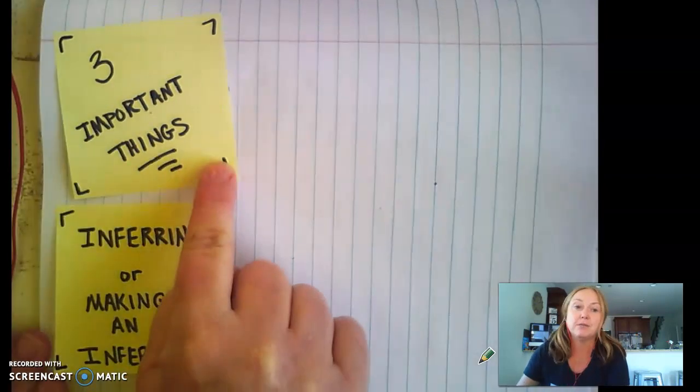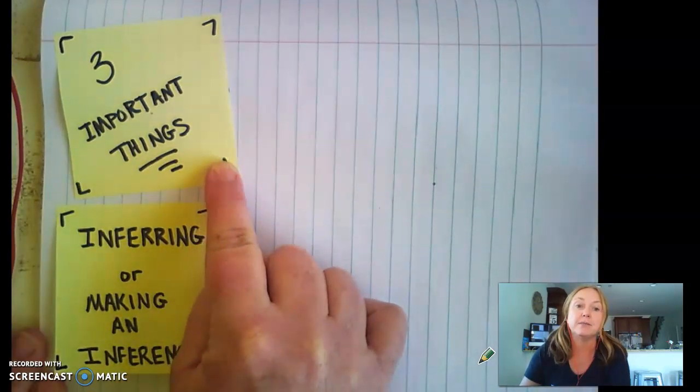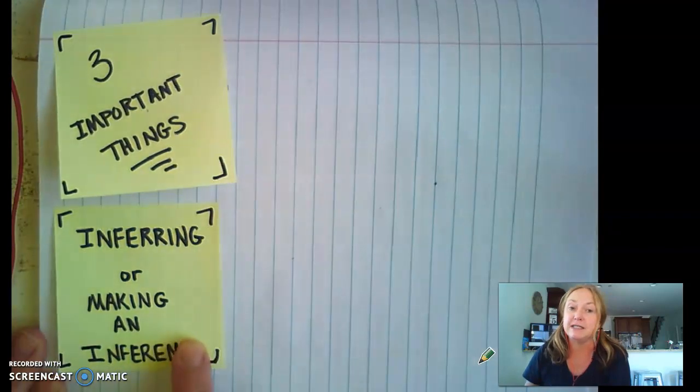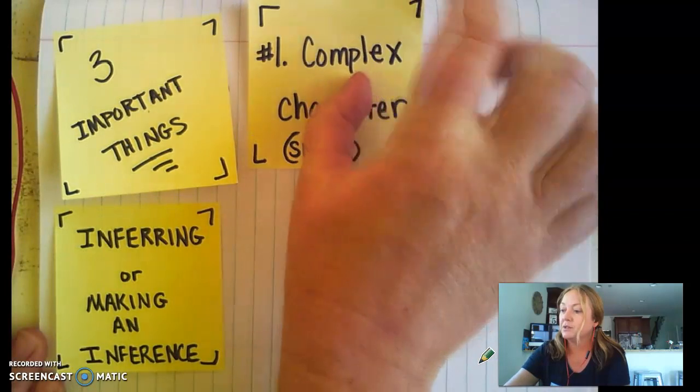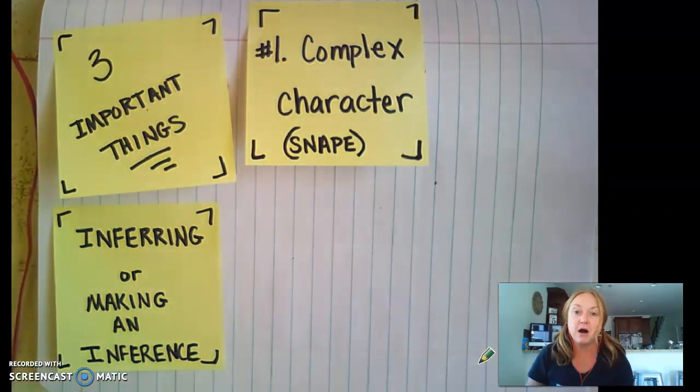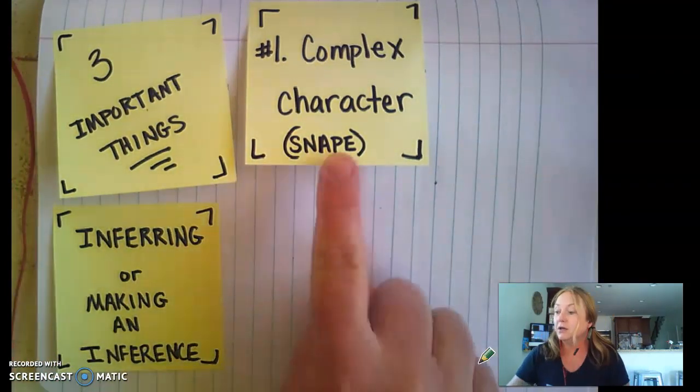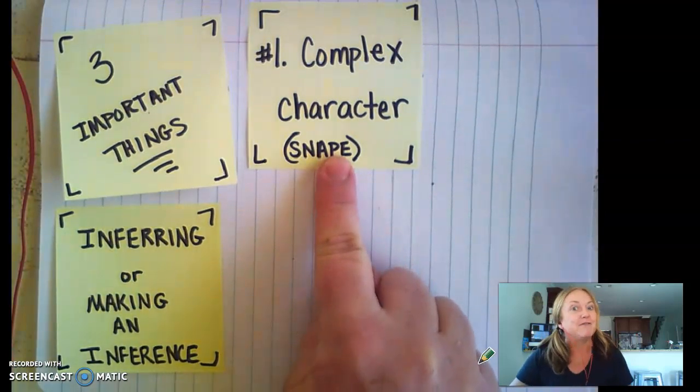Now, we did three important things when we watched that clip and we're making inferences. The first thing that we did was that we were looking at a very complex character, Professor Snape.